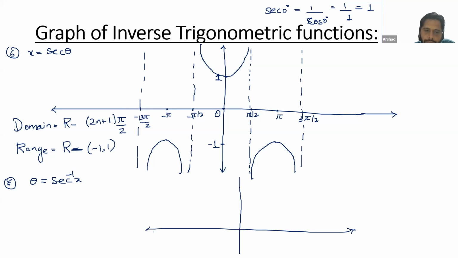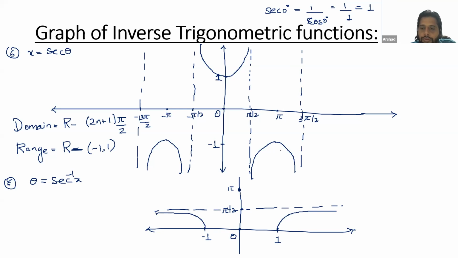Okay, so we will draw this graph. This is 0. This is 1. This is -1. Okay, so for pi by 2, it will go like this. And for minus pi by 2, it will go like this.